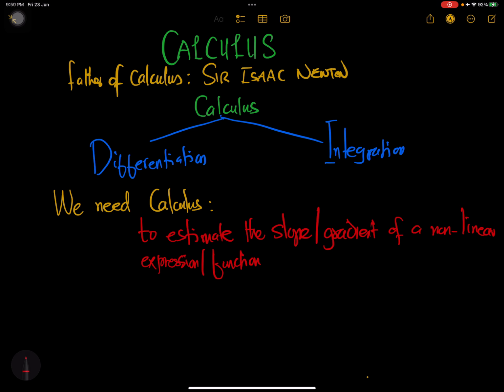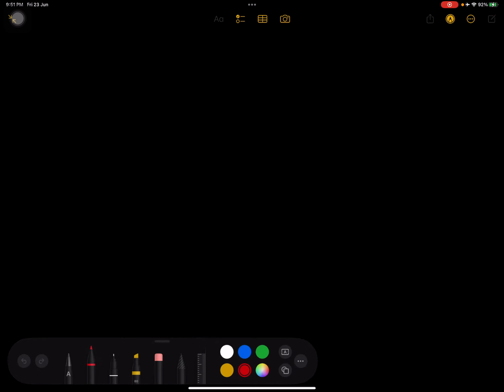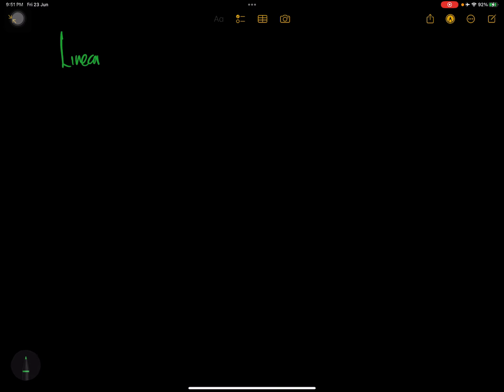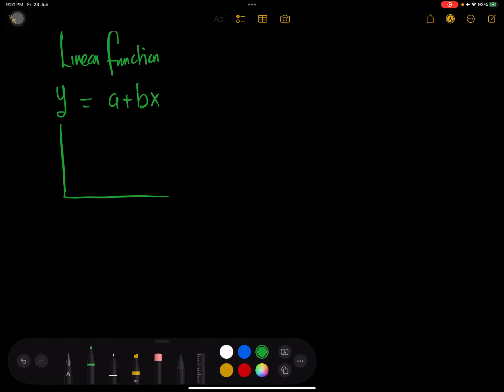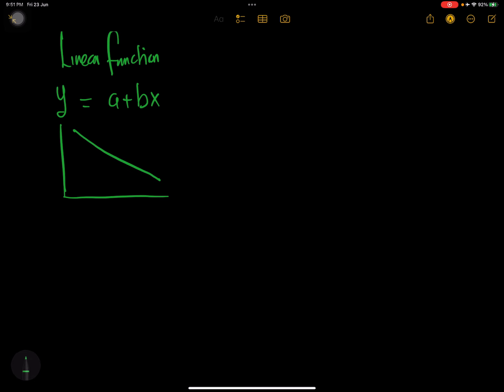Do you remember when we were looking at the linear function or the linear expression, where we said that for every linear function, we have y is equal to a plus bx? We said we can draw the linear function as a straight line.